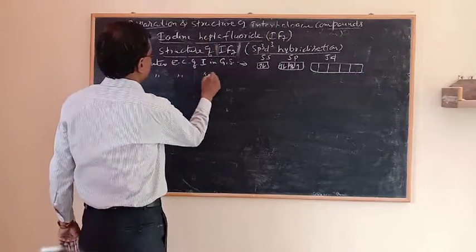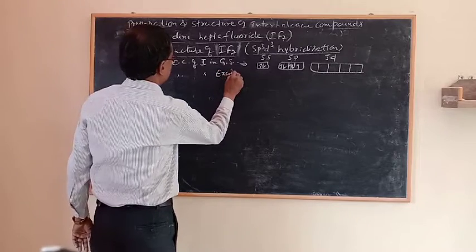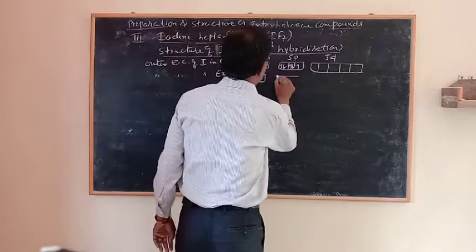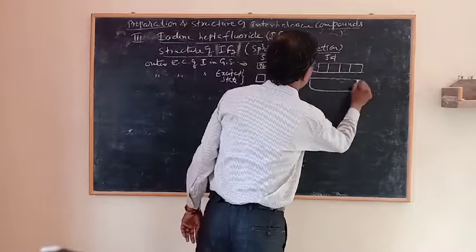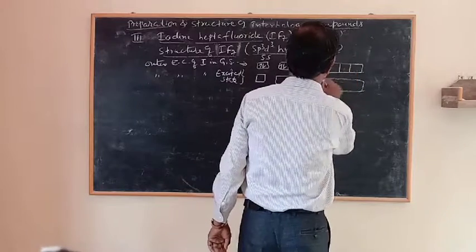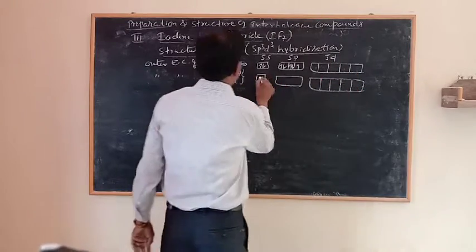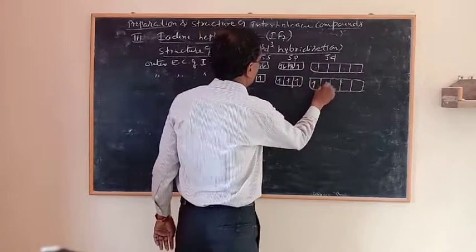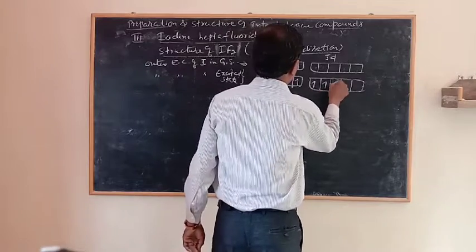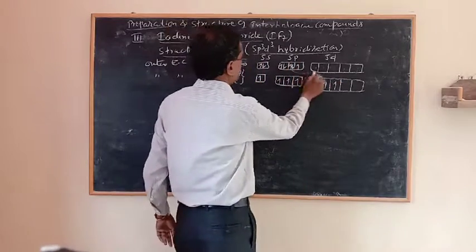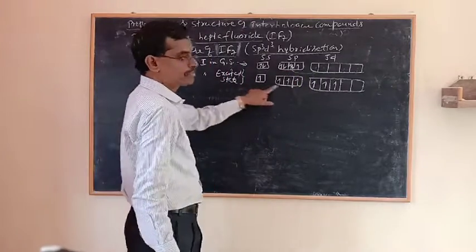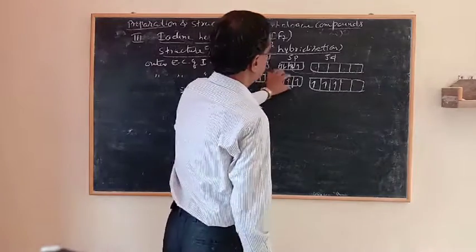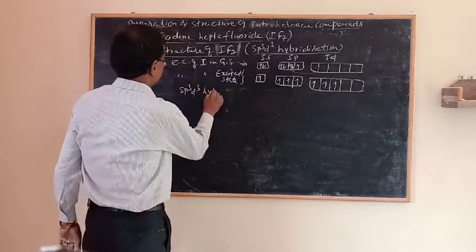Outer electron configuration of I in the excited state. So all electrons are shifted here to form the 7 unpaired electrons. So we are getting the sp3d3 hybridization.